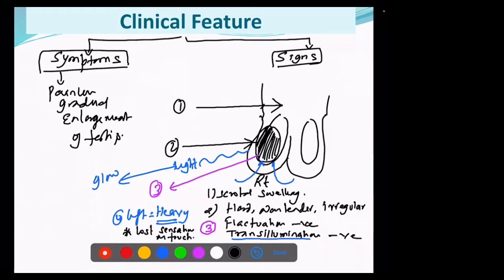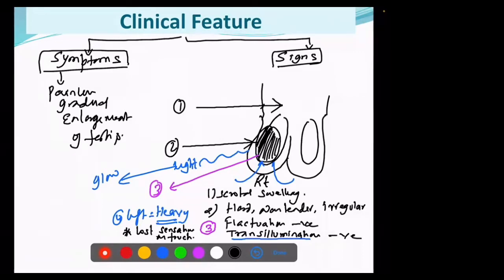So these are the features of testicular tumor in a young adult of 30 to 40 years, who will present to you with painless gradual enlargement of testis. On examination, you will find this is a scrotal swelling, and it feels like a hard, non-tender, irregular swelling.